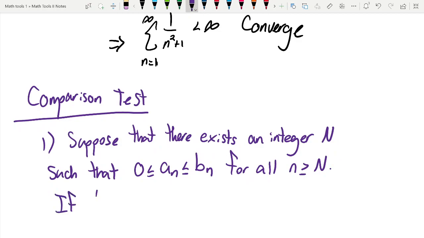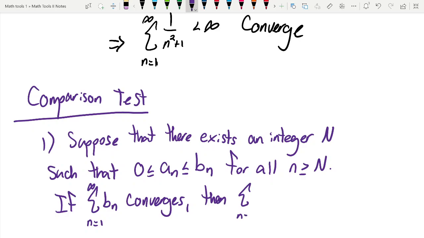Then if the sum of b sub n converges, then the sum of a sub n converges. So some positive sequence a sub n is bounded by some sequence b sub n.